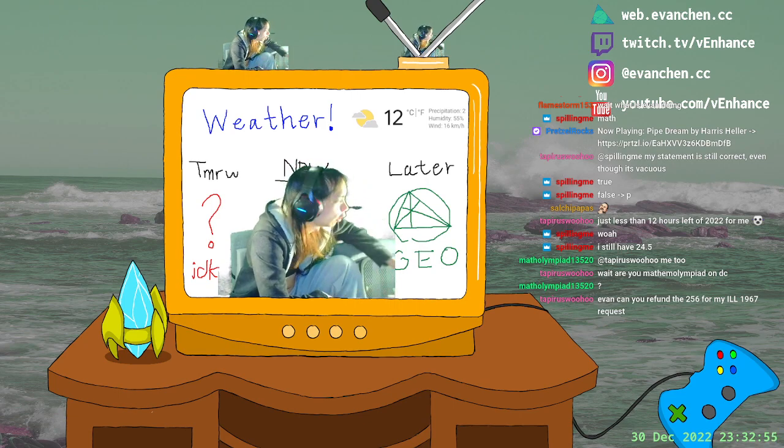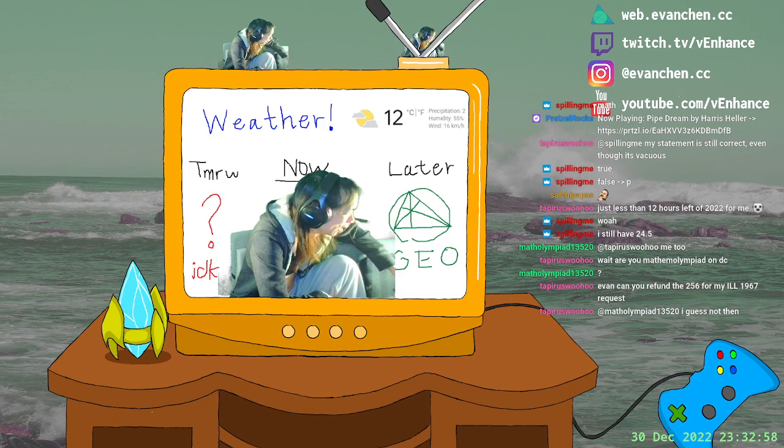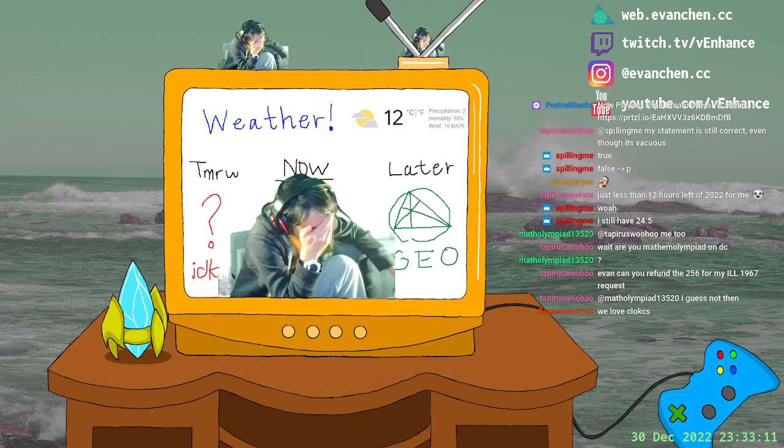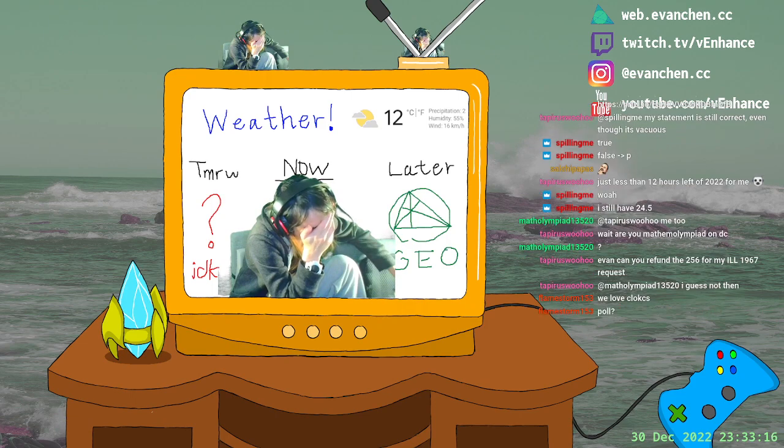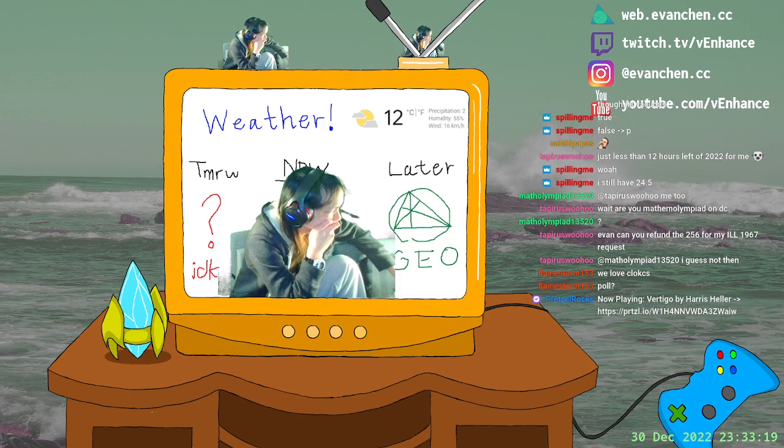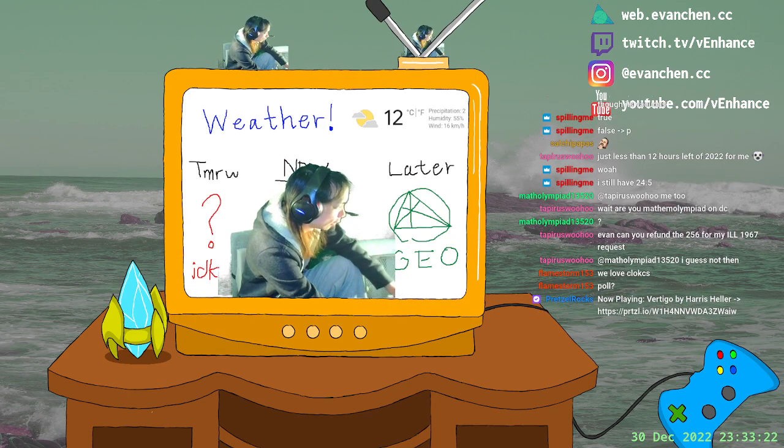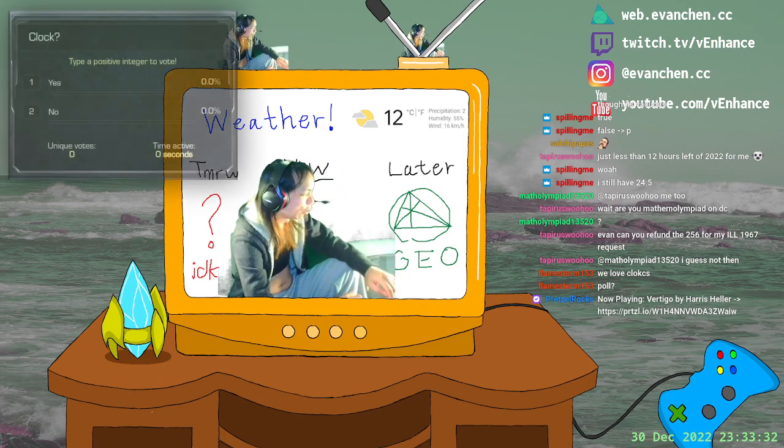Okay, so we can either do the clock problem or we can call it a day. Clock should be easy, right? Do I want to do the clock? Also, is that problem not just like known?